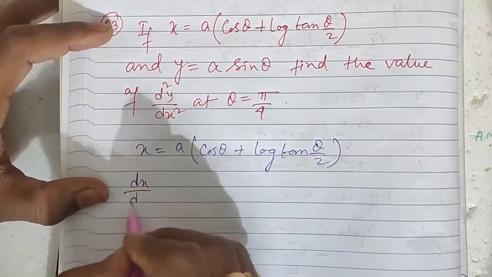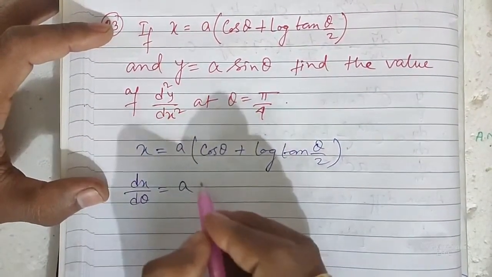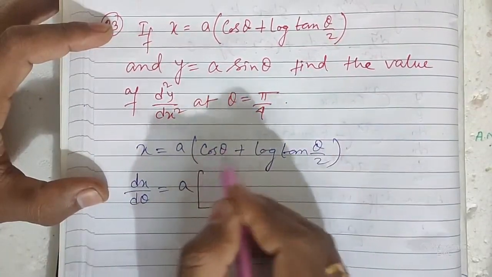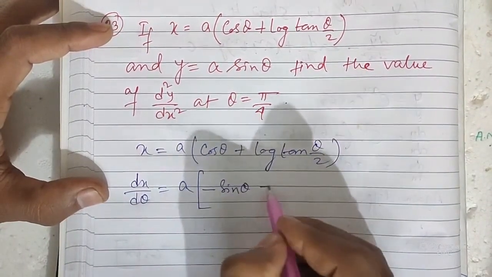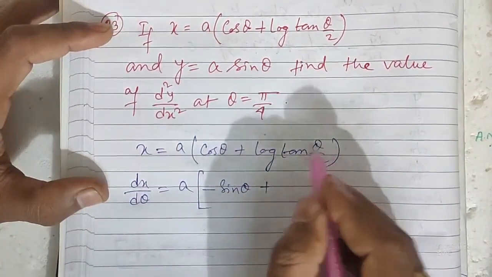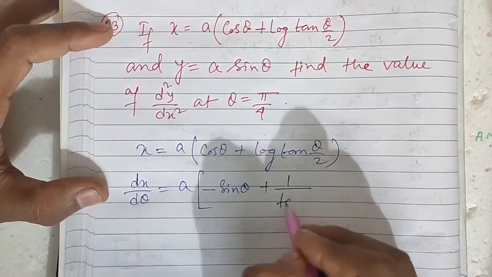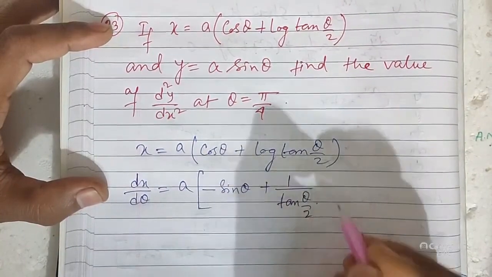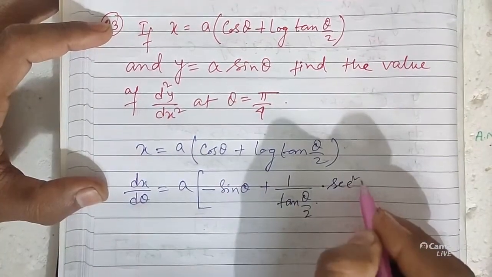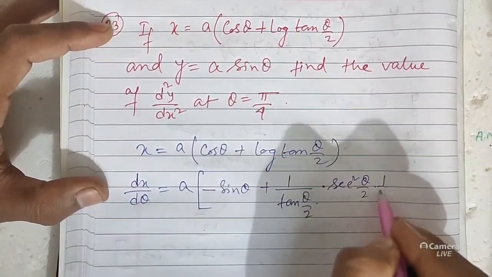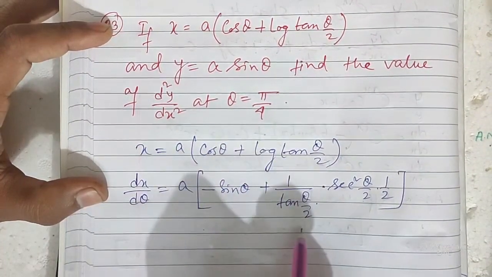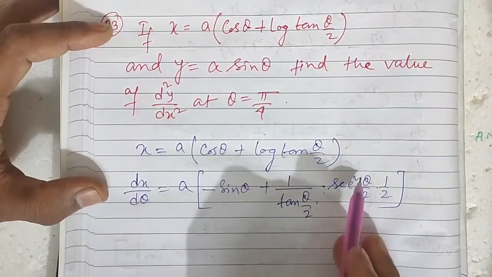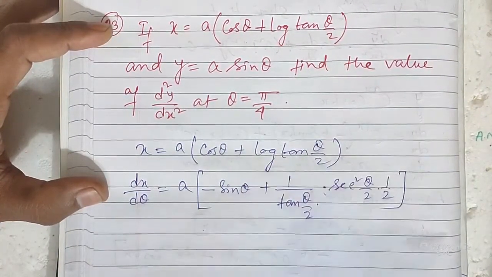So dx by d theta equals a constant. d by d theta of cos theta is minus sin theta. d by d theta of this is 1 by tan theta by 2 into sec square theta by 2 into half, chain rule. Log x gives 1 by x, tan x gives sec square x, and theta by 2 gives half.